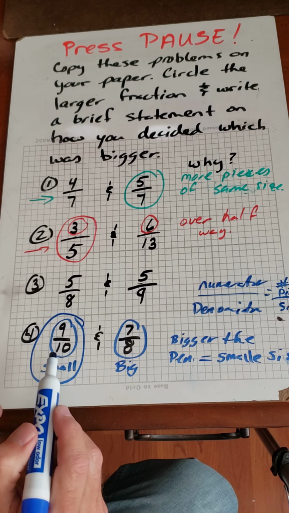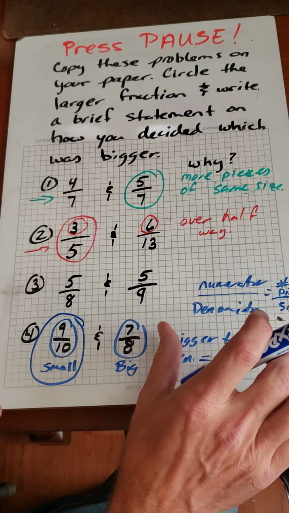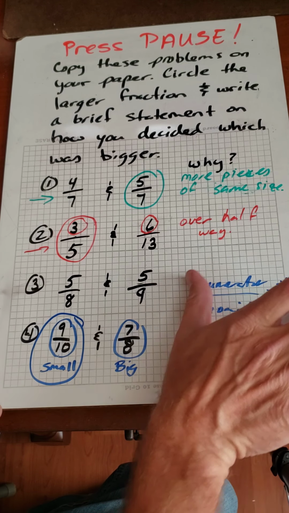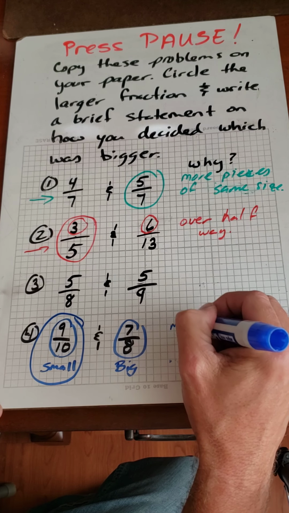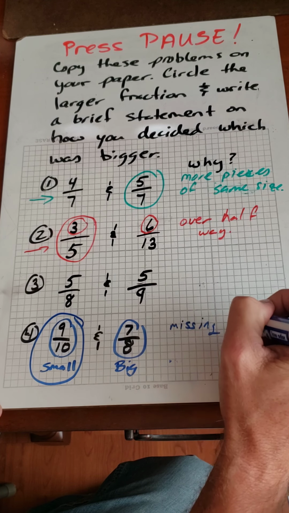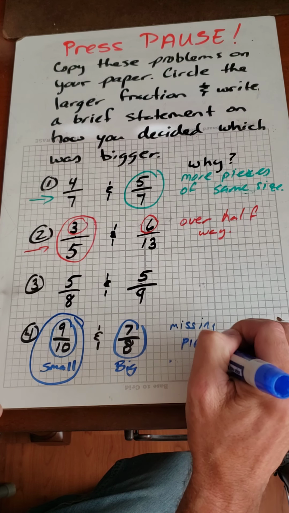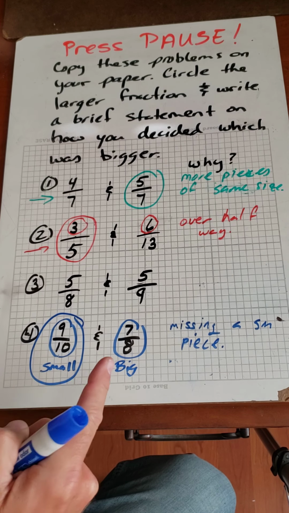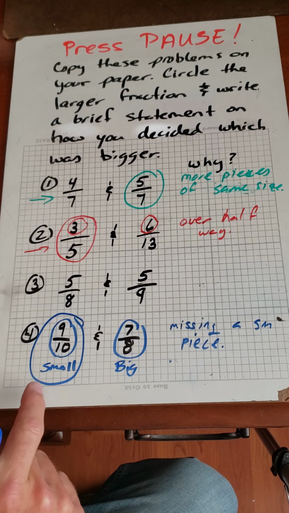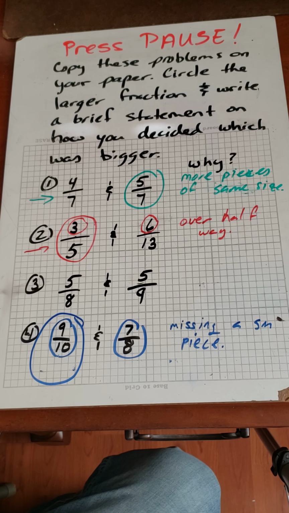So the 9/10 is bigger than 7/8 because it's missing a small piece. So what I might say here then is it's missing a small piece. And this one is missing a big piece. That makes it a smaller fraction than this one is. Okay?